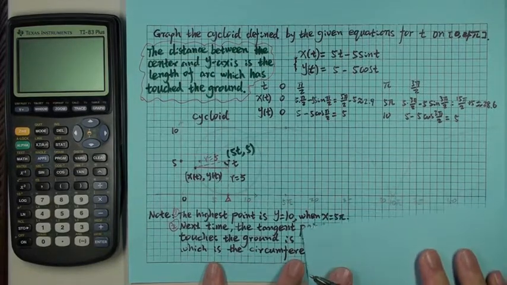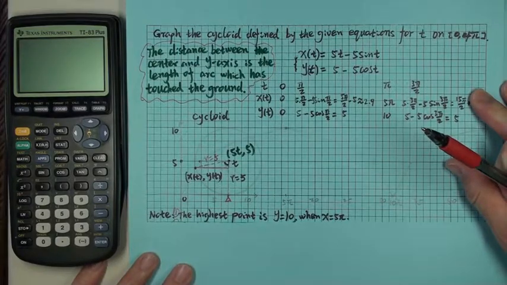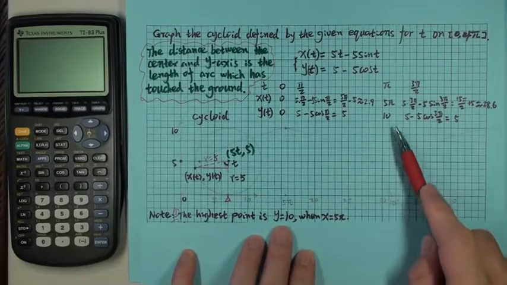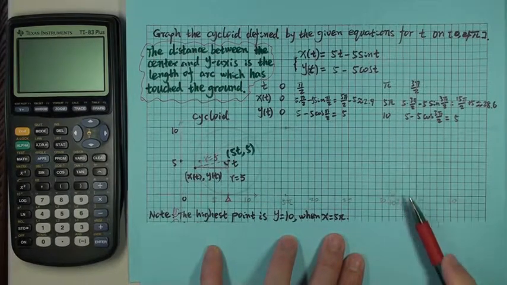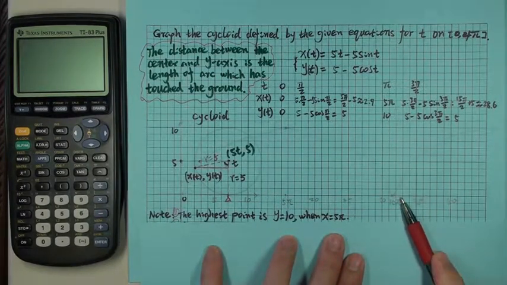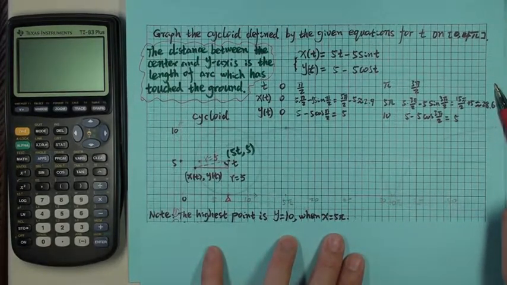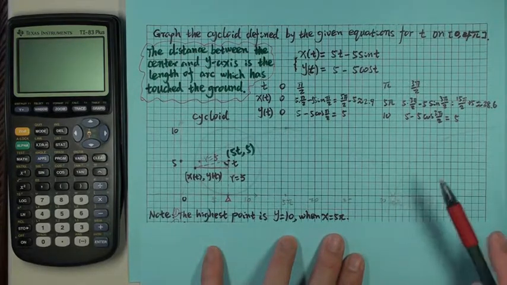That's a good thing we got: right here is the highest point, where y is 10 when x is 5 pi. And then you will have 10 pi. That's when t equals 2 pi. You will have x is 10 pi and y is 0.